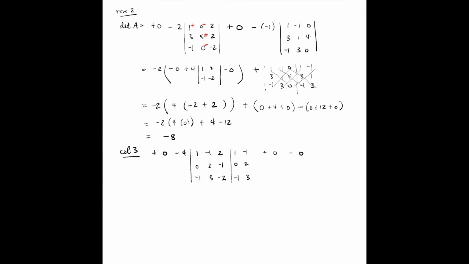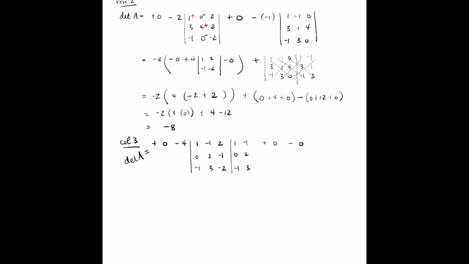You could do cofactor expansion. Oops, I forgot to write determinant of A equals. Well, let's just get that in here. Determinant of A equals. And then finally, we have minus 4 as our entry, and then we're going to do our triple product here. And so we have a minus 4, 3 minus these 2 products.